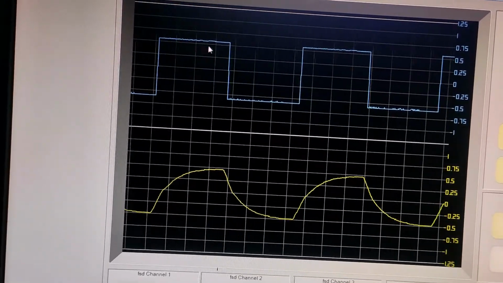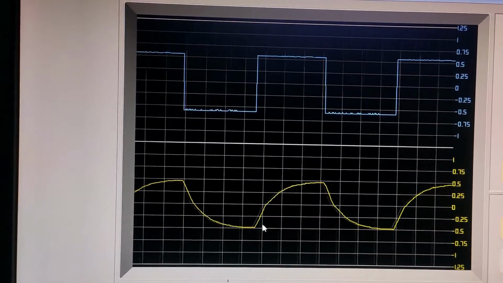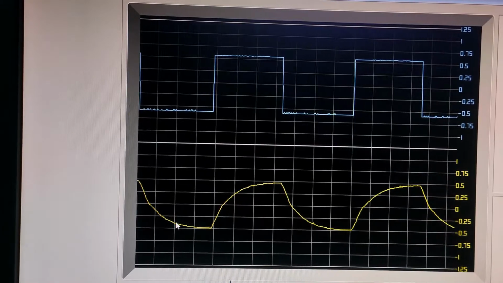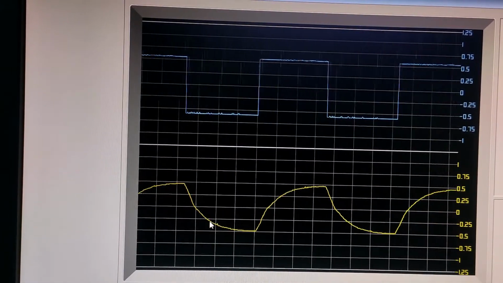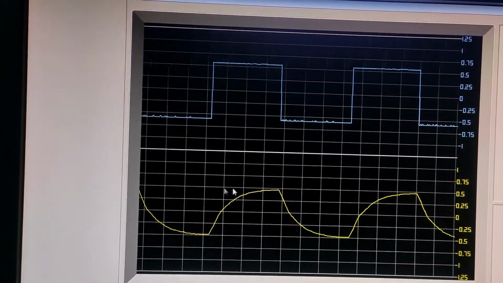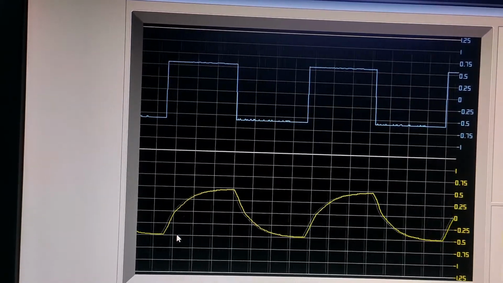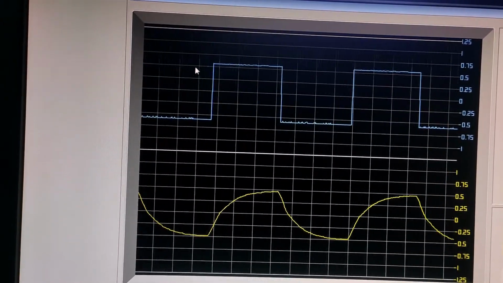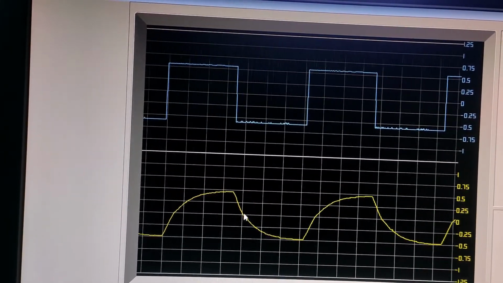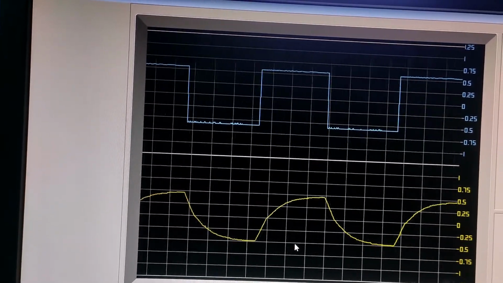You are giving a square wave, but your response is like this, because with a sudden change of voltage, your motor needs some time to reach the steady state. It gradually increases and peaks at the top, but when the voltage changes again, it goes like this. So this is what you get from your output sensor, the tacho generator connected to your DC motor.